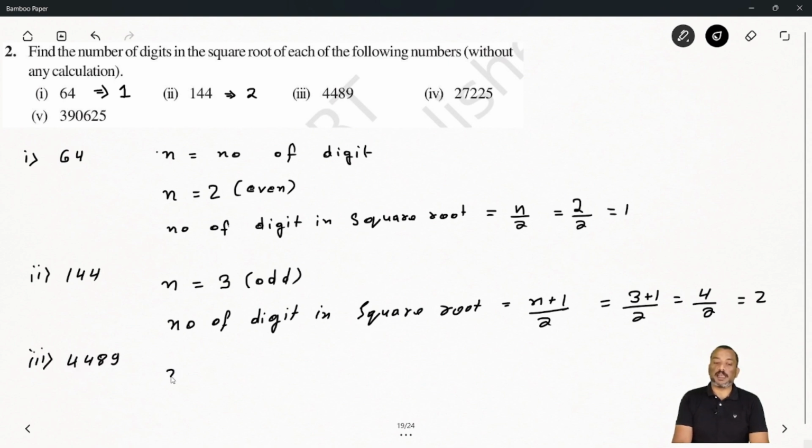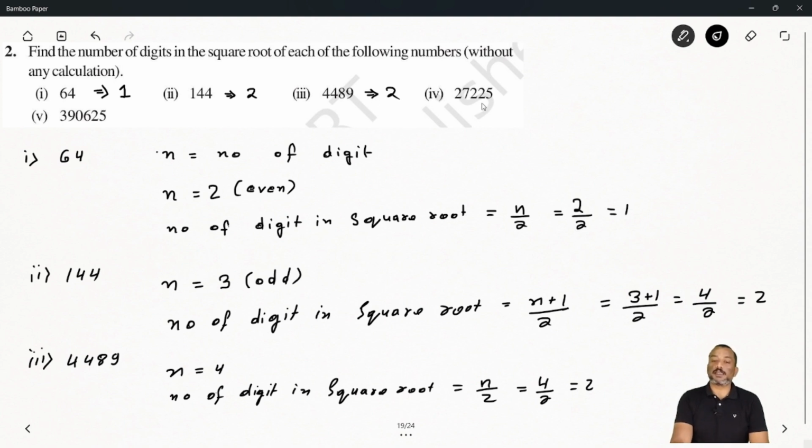So n is equal to 4. Directly, the number of digits in the square root is equal to n by 2. So 4 by 2, you will get 2. So this is 2.